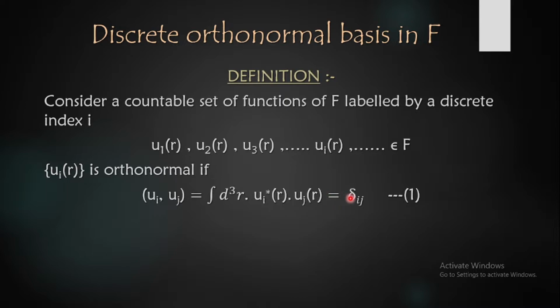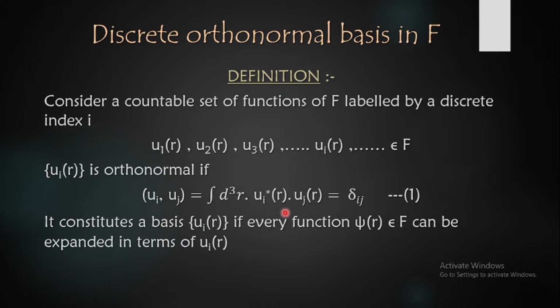Delta ij is the Kronecker delta function, which equals 1 if i equals j, and vanishes if i is not equal to j. We call this equation number 1. This inner product we have represented in integral form. The left hand side term in the inner product, ui, is shown with the complex conjugate, and the right hand side uj is as it is. d cube r is a volume element which can be shown as d tau also.